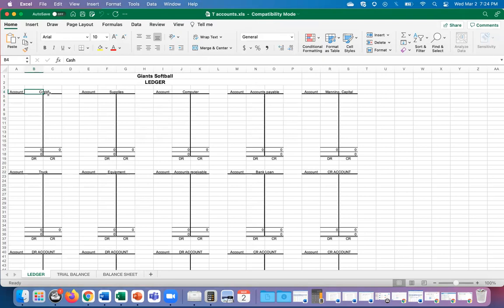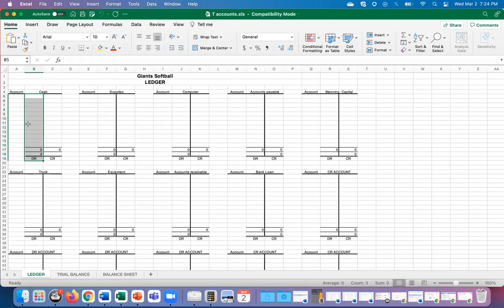So when we add things to an asset account, we want to put it on the debit side. The debit side is this left-hand side here. So it's on the outside of the balance sheet, which, if you watch that other video I was referencing, will be of some use to you.